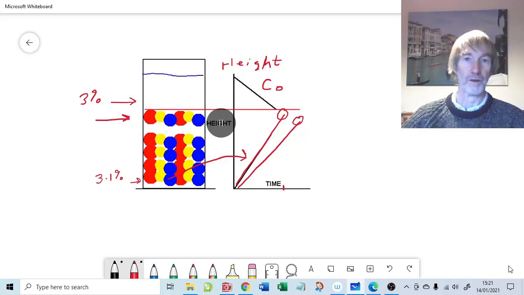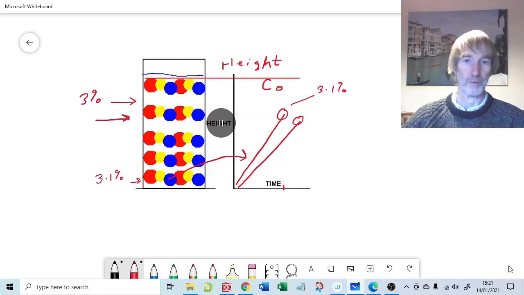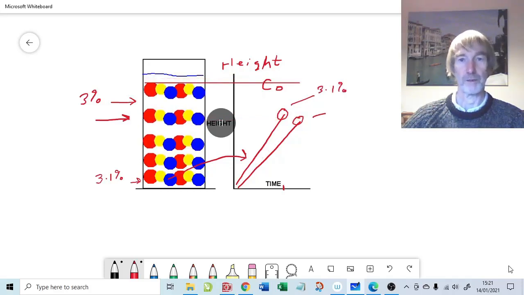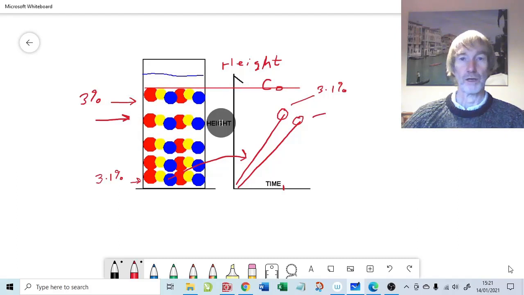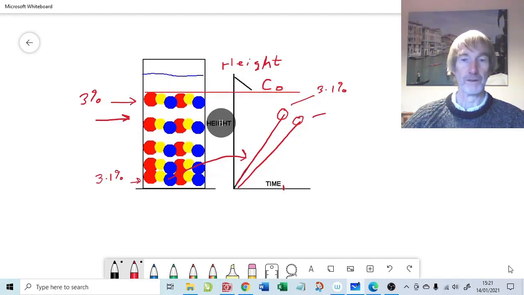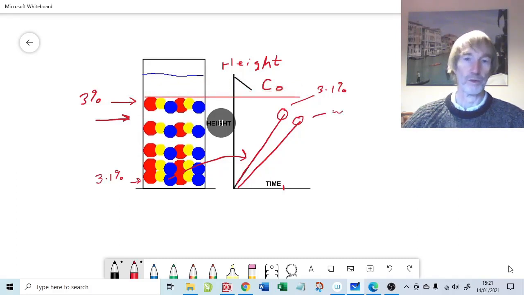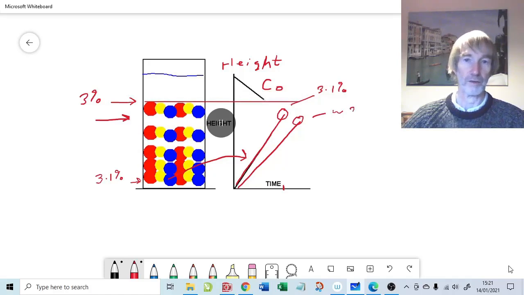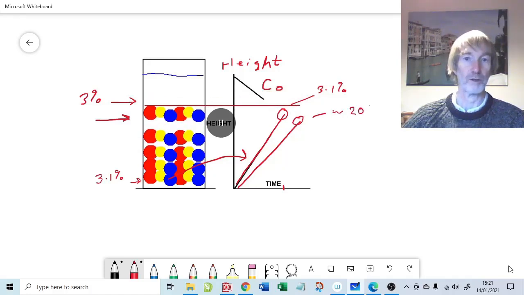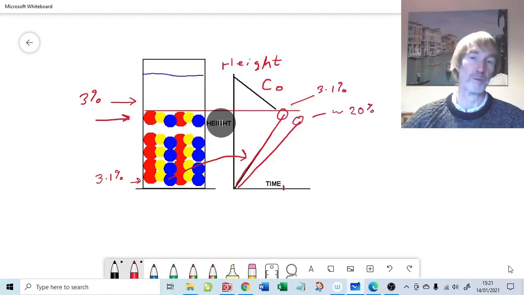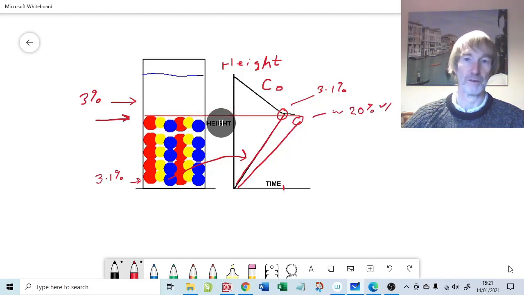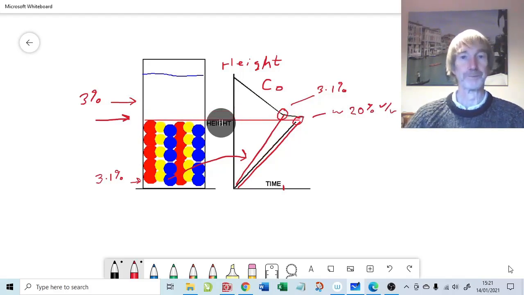So we start off here at 3.1%, but then it's 3.2%, 3.3%, and so on, until you get up to the final settled sediment concentration, which could be something in the order of 20% by volume, might even be 50% by volume if you have something that's very incompressible.